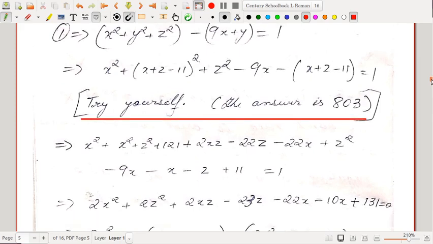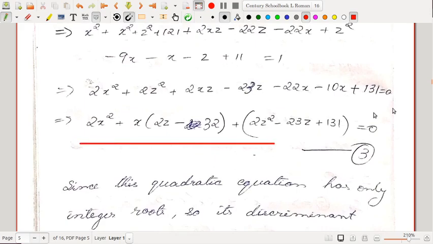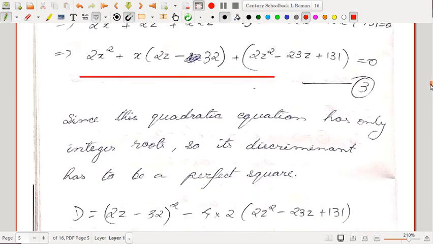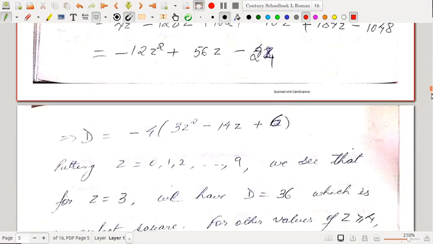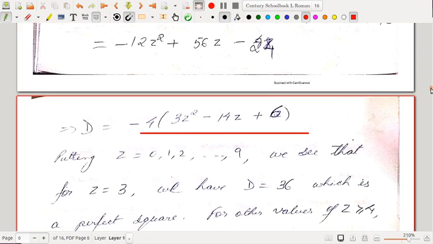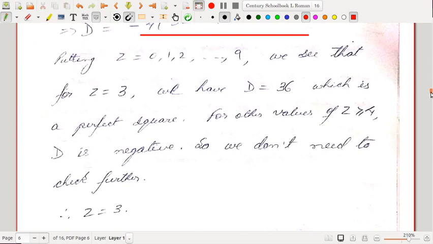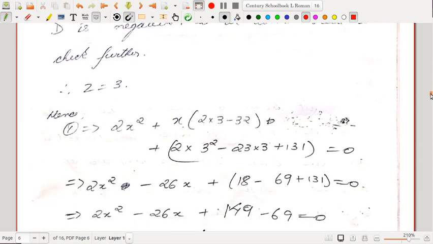If we substitute, we will get another quadratic equation, and by the same reasoning, this quadratic equation should have a discriminant that is a perfect square. If you compute the discriminant, you will get d equal to minus 4 multiplied with 3z square minus 14z plus 6. Putting z equal to 0, 1, 2 up to 9, we see that for z equal to 3, we have d equal to 36, which is a perfect square. For z greater than or equal to 4, d is negative, so we don't have to check further. So the value of z comes out to be 3.